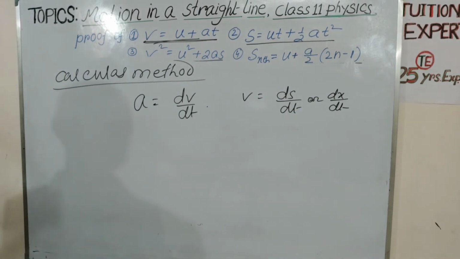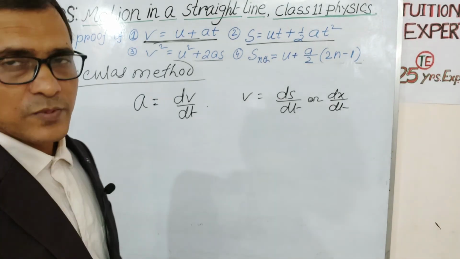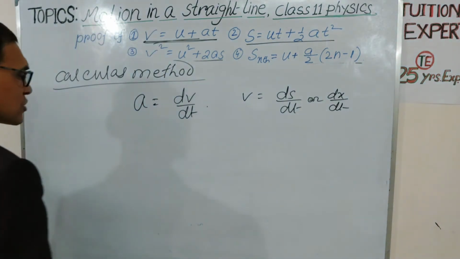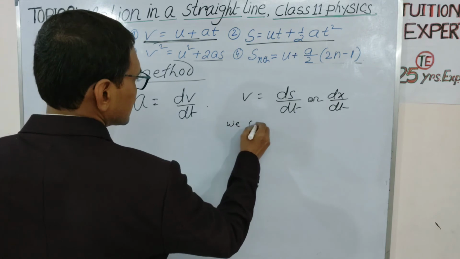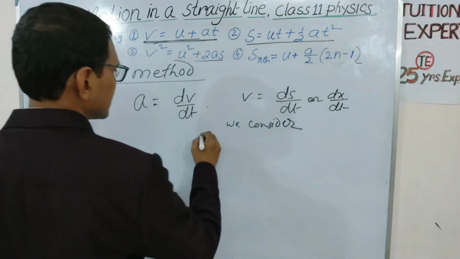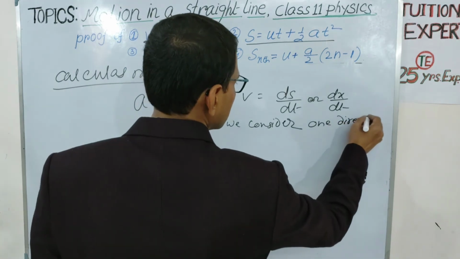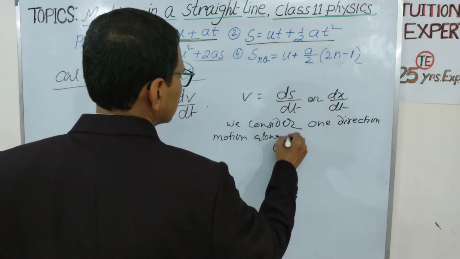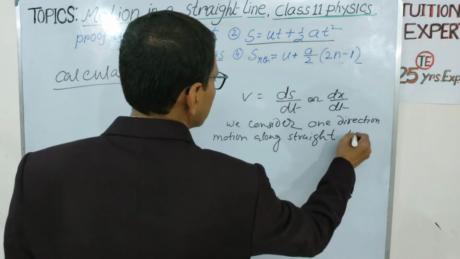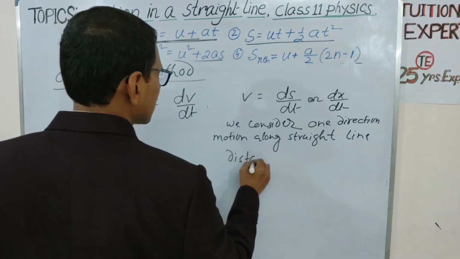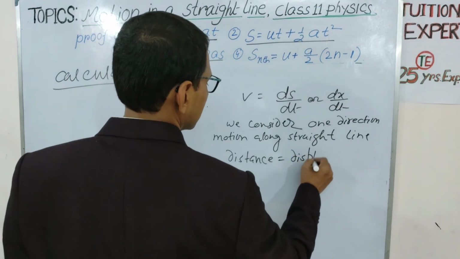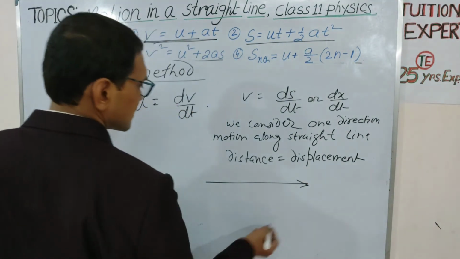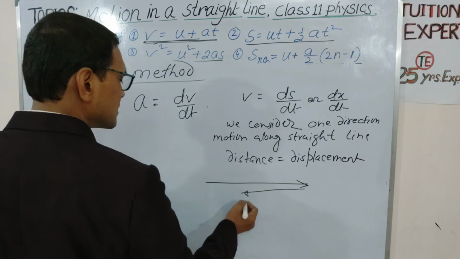Now a equals dv by dt. In motion in a straight line, distance and displacement are the same. If we consider uniform one direction motion along a straight line, then distance and displacement are the same. If the direction is reversed, then distance and displacement may differ.